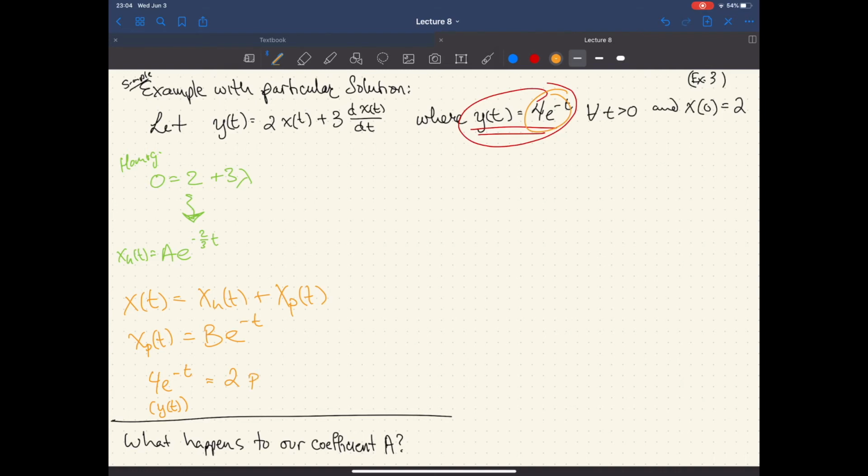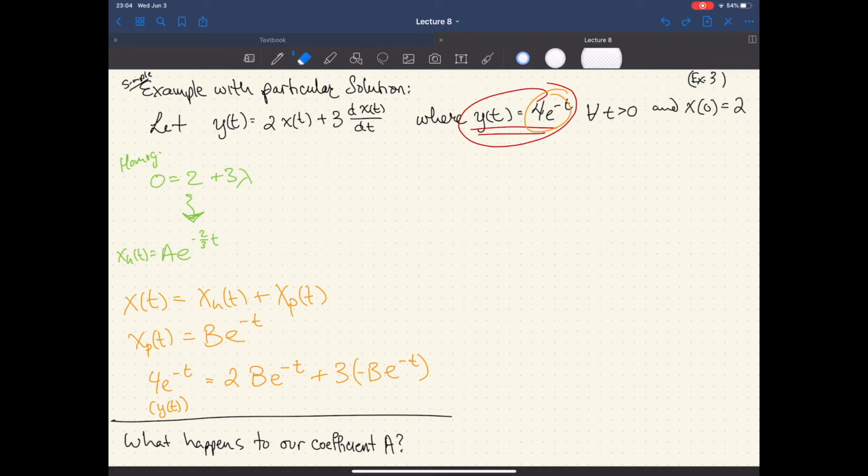All right, so we have b e to the minus t, that's our x, plus 3 times the derivative of b e to the minus t. So that's actually minus b e to the minus t. That's the derivative of this guy. Pop it in there. And now we solve for b.